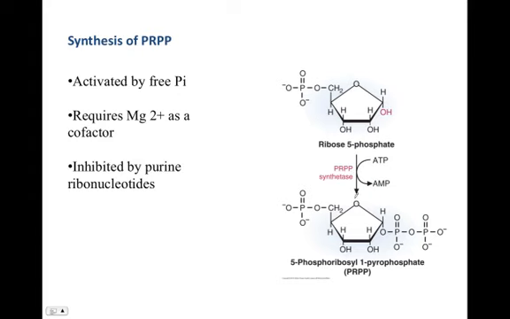Here, ribose 5-phosphate is accepted by PRPP synthetase, the enzyme that converts it to 5-phosphoribosyl pyrophosphate. The enzyme PRPP synthetase requires magnesium as a cofactor. It's also inhibited by purine ribonucleotides and is activated by free phosphate.